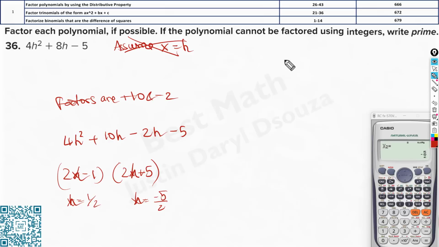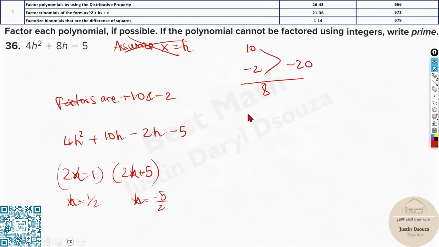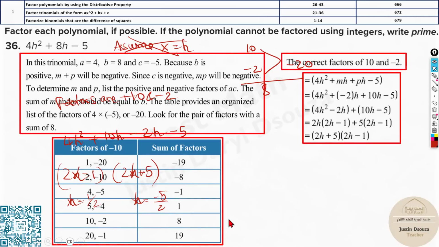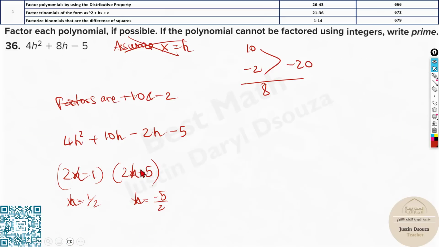So here 4 times 5 is negative 20 because it's negative 5, and over here we have 8. So 10 times minus 2, multiply it, you'll get negative 20, and add it, you will have positive 8. So that is the answer, and that's the final question in this. You can see that's the correct answer. It doesn't matter whether you write this term first or the other term first, that'll be all right.